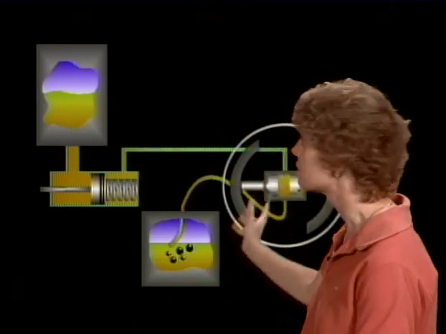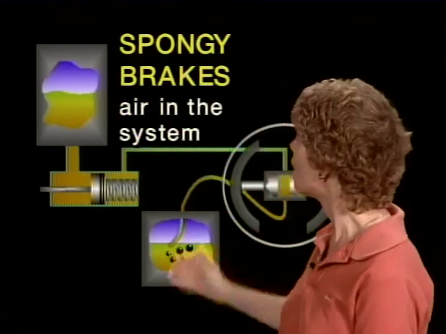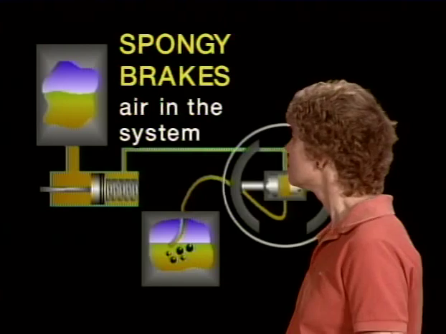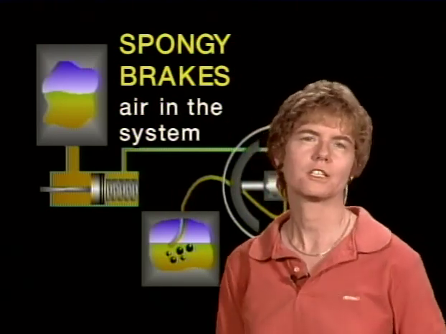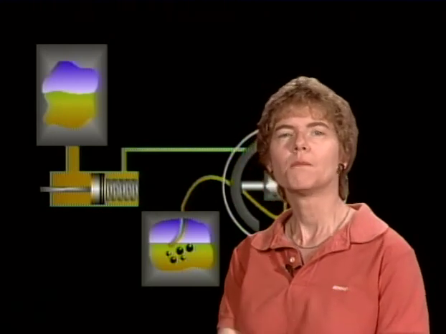Now, another way you can tell that you've got all of the air out of a master cylinder brake system like this is by checking to see whether the brake itself is firm or spongy, because spongy brakes are usually a result of air in the system. So if you've got spongy brakes, you've still probably got air in the system. Now, I say probably because there is another possible cause of spongy brake action.